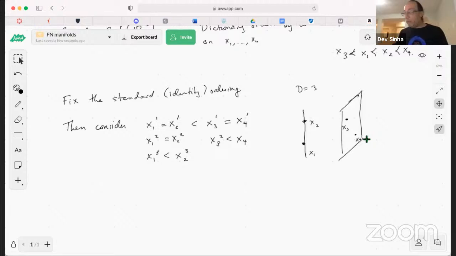But this defines a subspace, and the numbers that we would associate to this are: the first 2 points share their first 2 coordinates, the second and third points don't share any coordinates, and the third and fourth points share 1 coordinate. So that's 3 numbers that you can associate to this picture, to these conditions.